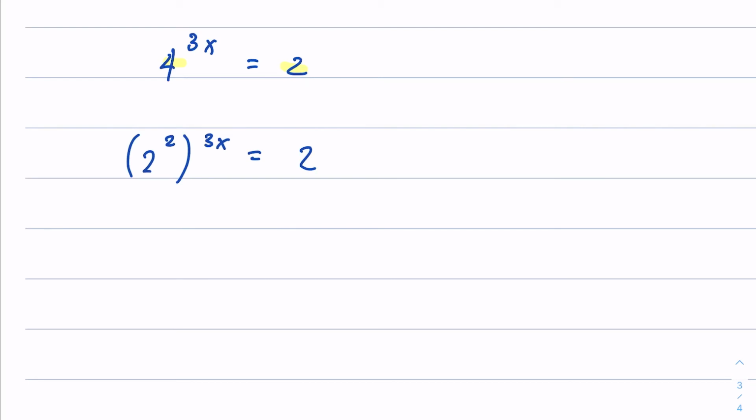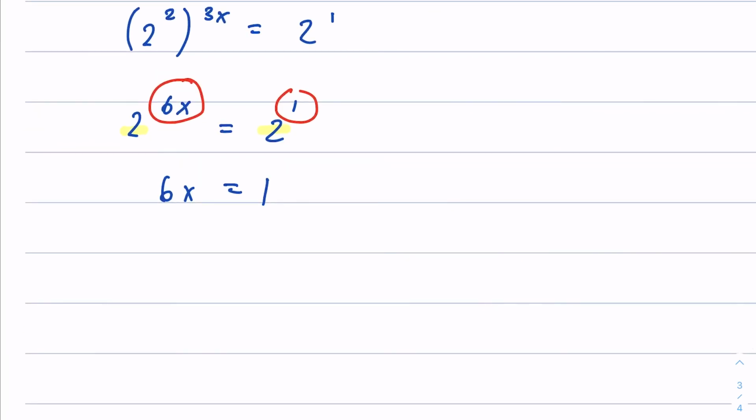And thus we know that 2 times 3x gives you 2 to the power of 6x, equals 2. And this is 2 to the power of 1 because there's nothing over there. We know that this is the same base, so we can compare straight to the power. And thus 6x equals 1.